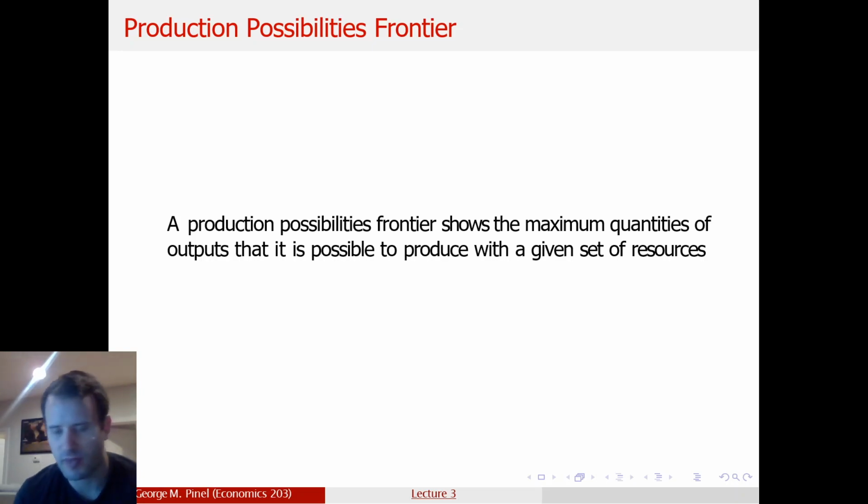Okay. That would be your production possibilities frontier. It's a way of graphically representing the choice you have between making those two goods and the most efficient way of doing it. And it'll make more sense as we do the example. So let's dive into that example.